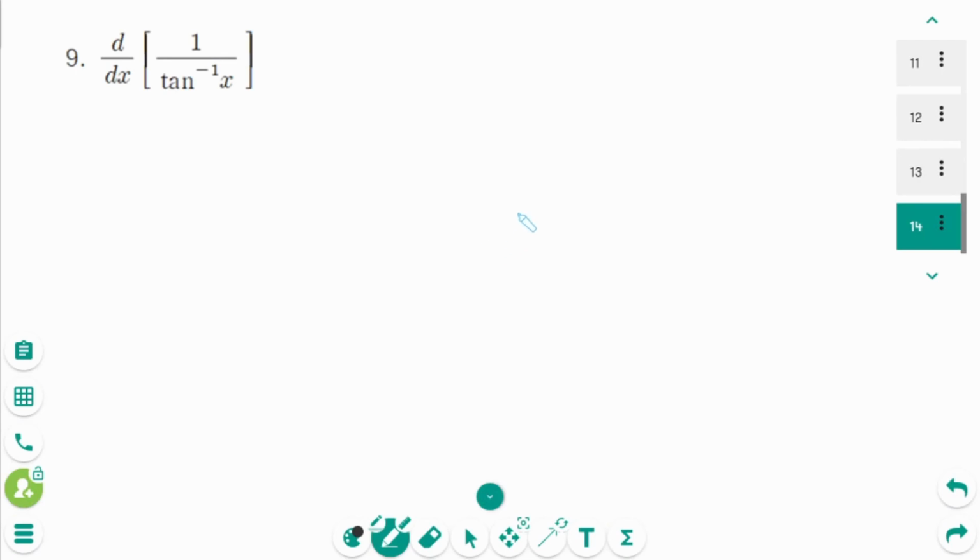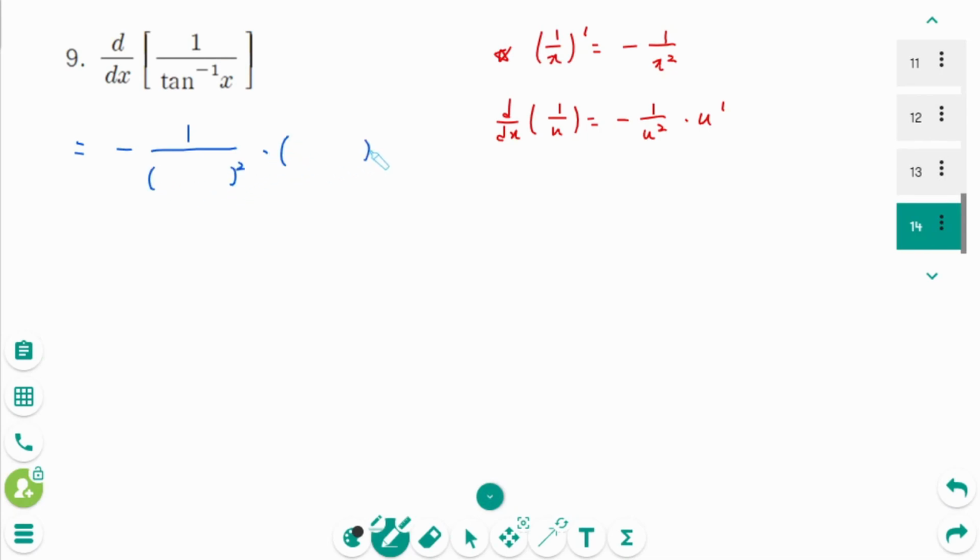This is the last question. As we know, 1 over x prime equals minus 1 over x squared. Then d dx of 1 over u equals minus 1 over u squared times u prime, equals minus 1 over the u part squared times the u part prime.